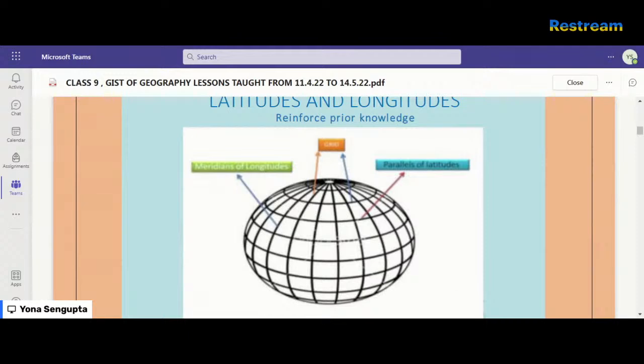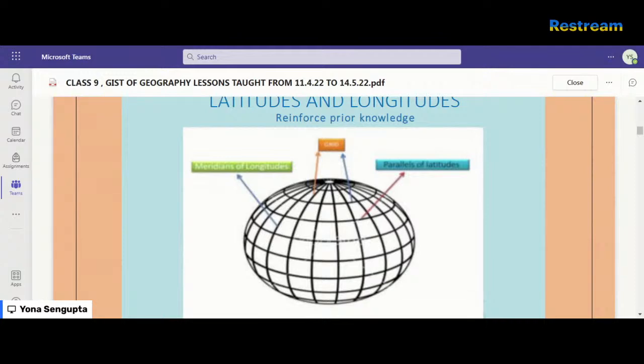So India's mainland, after going through the whole circle and explaining all this, we again come to the first point, that India's mainland extends between 8 degree 4 minutes north and 37 degree 6 minutes north latitudes, and 68 degree 7 minutes east and 97 degree 25 minutes east longitudes.